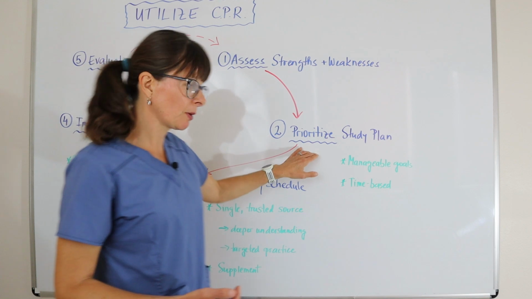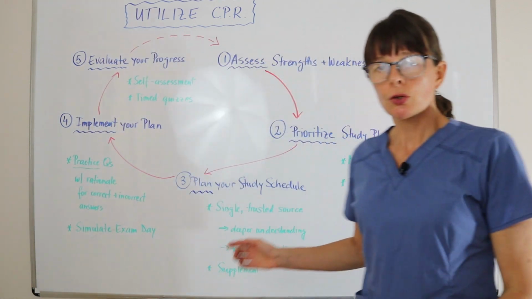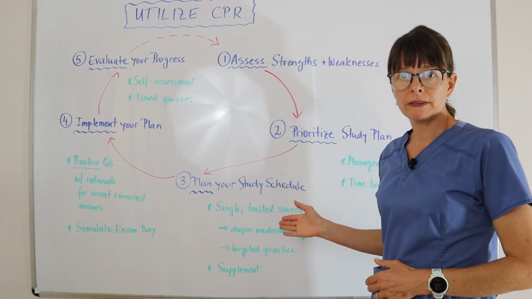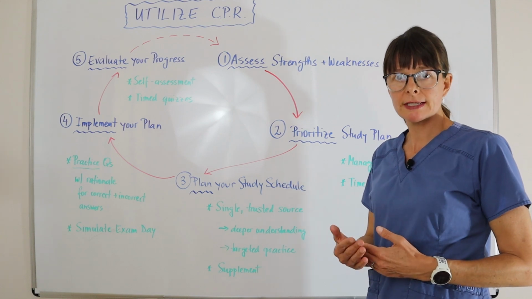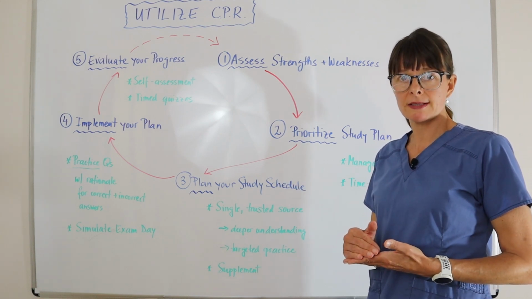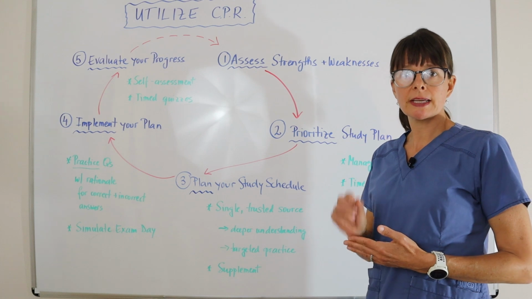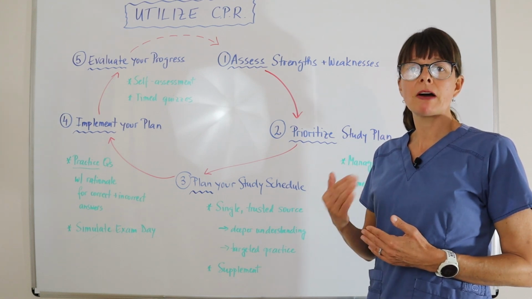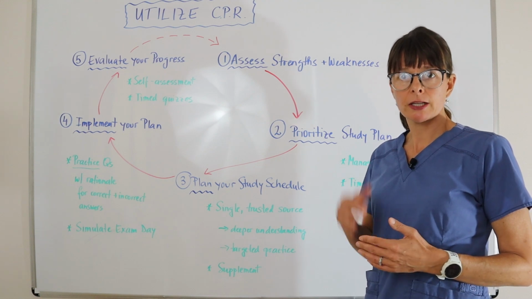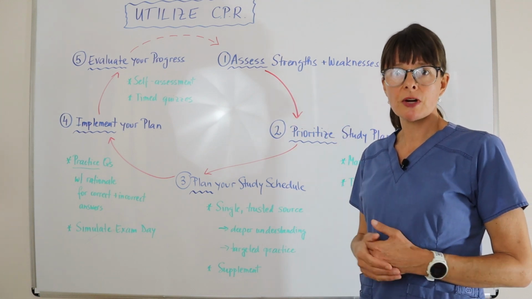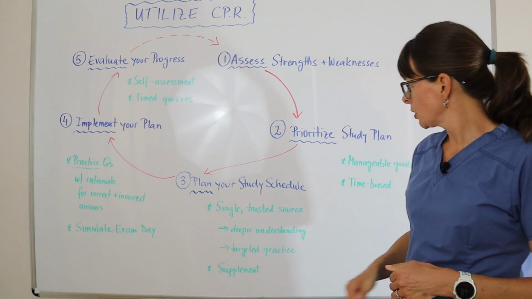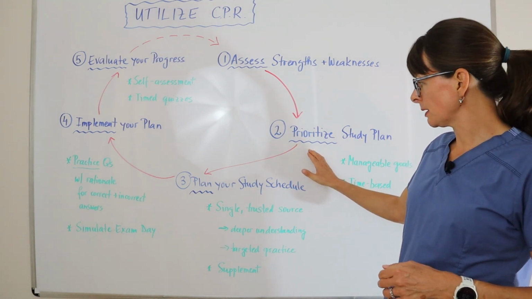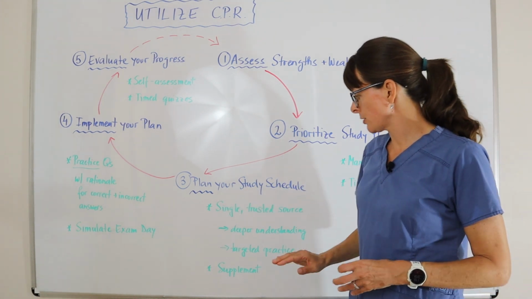After you've come up with your plan, that should also focus mostly on the areas that you were unsuccessful, that you were below the passing standard, but you should also dedicate a small portion of the time to the areas where you actually were above or near the passing standard so that those are still fresh in your memory as well.